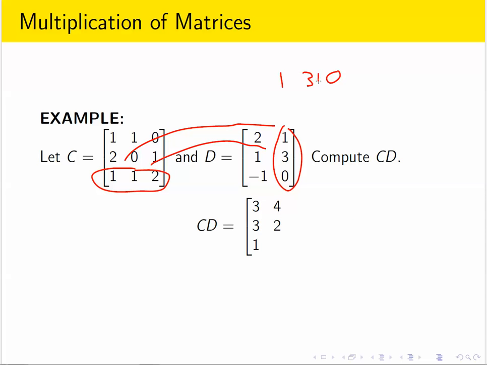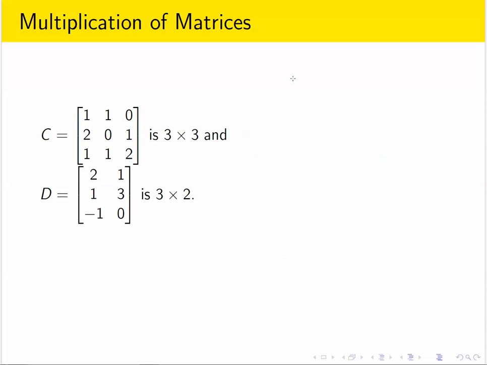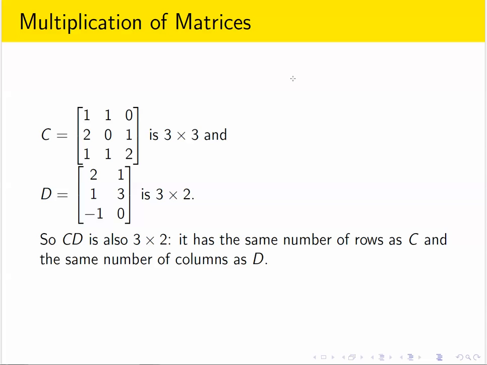I want to add those together, and the result is going to be 4. So we had C and D were 3 by 3 and 3 by 2. CD was also 3 by 2 because it has the same number of rows that C does and the same number of columns that D does.